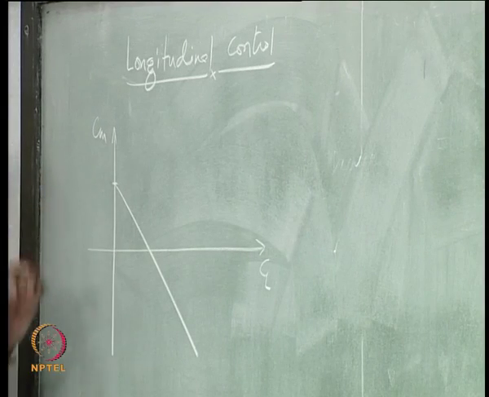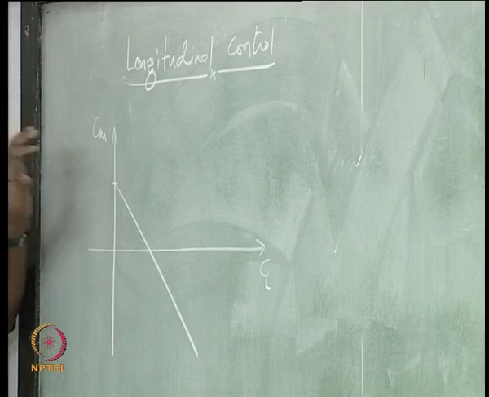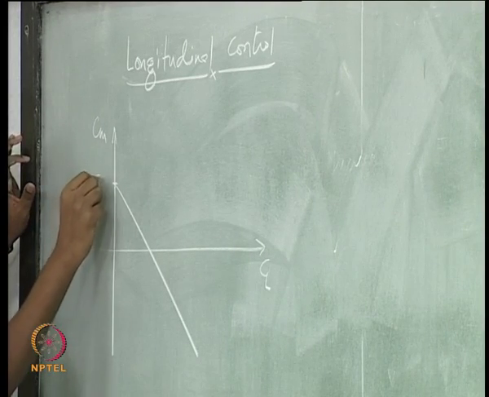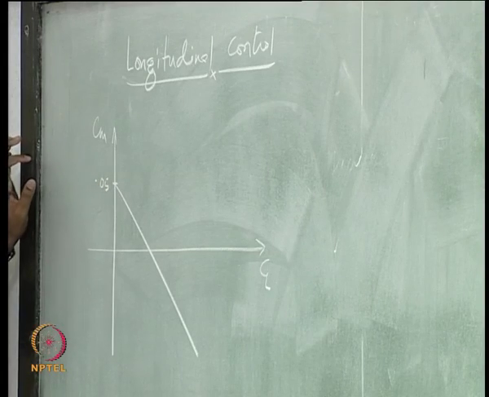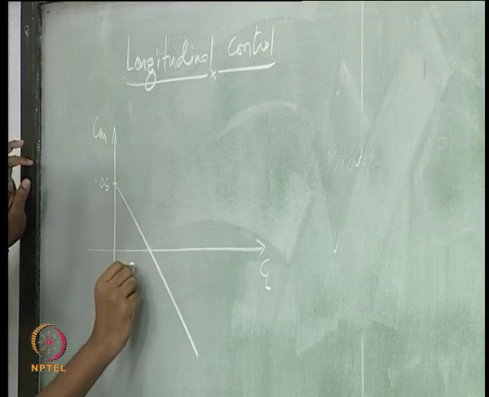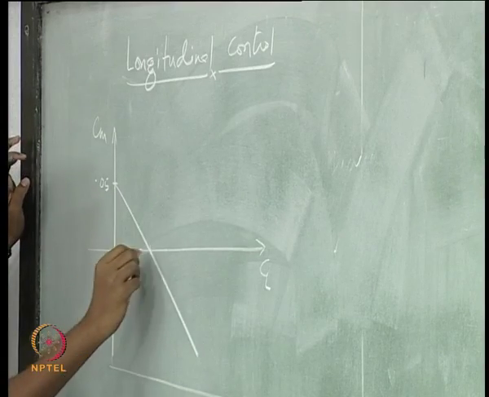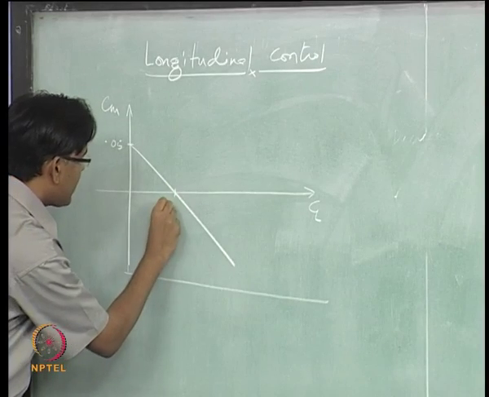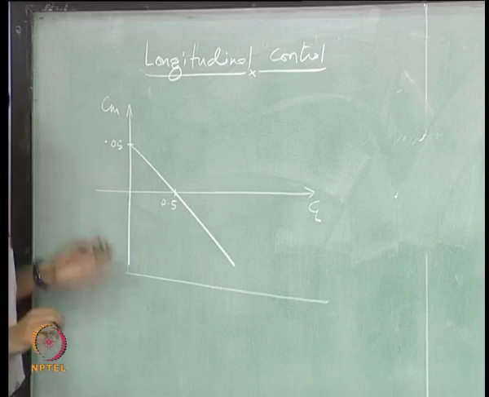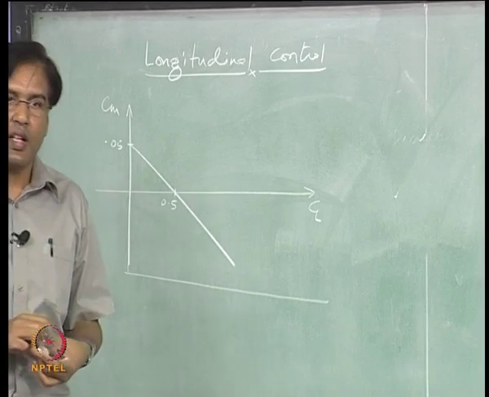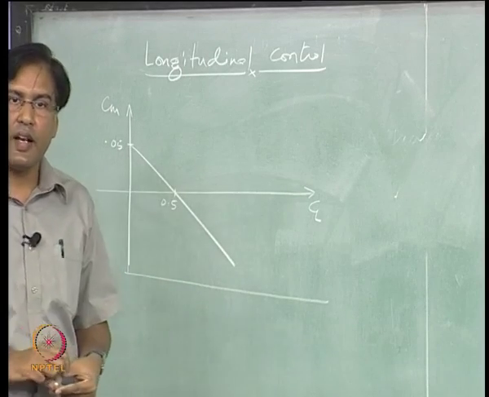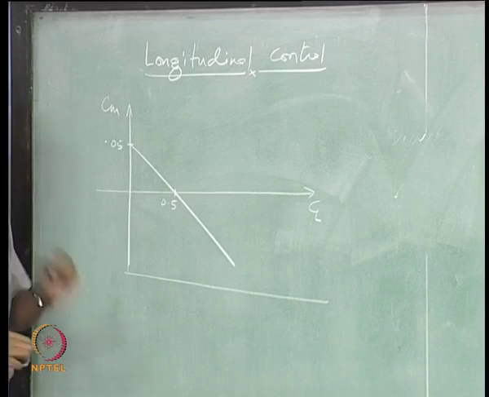I will also give it some number, and let us say this is happening at CL which is 0.5, right. Okay.